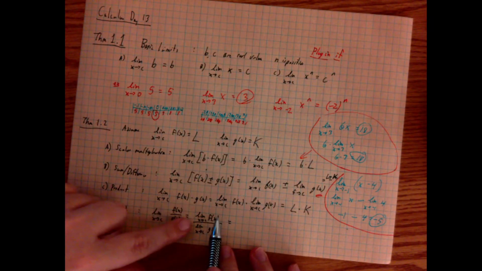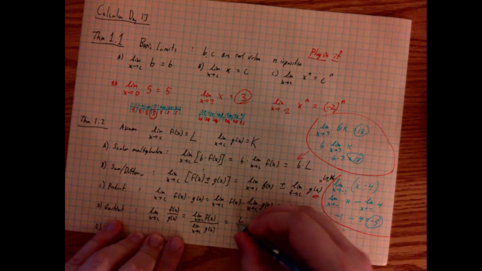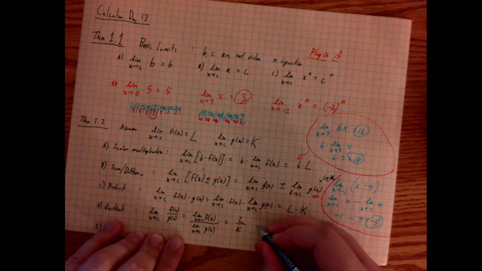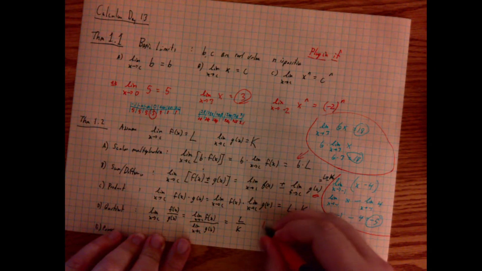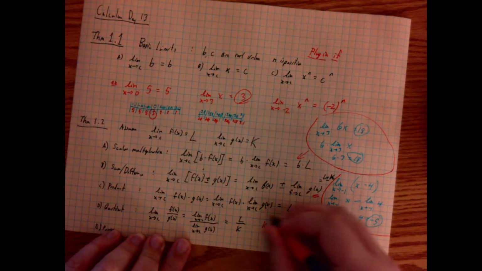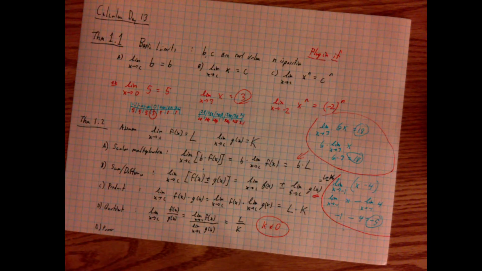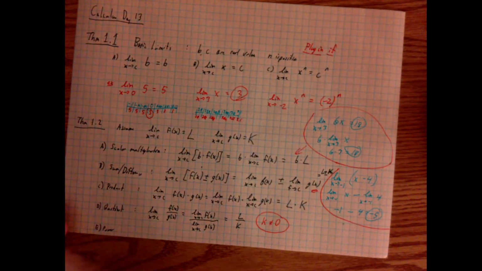But through basic substitution, we know the limit of the top would be L, the limit of the bottom would be K. However, this is the only one that is sneaky. K cannot equal 0. Meaning, if we want to use this particular property, the bottom function, g of x, can never equal 0. Because if it equals 0, you're never allowed to divide by 0. That's a calculus rule as well as an algebra rule.